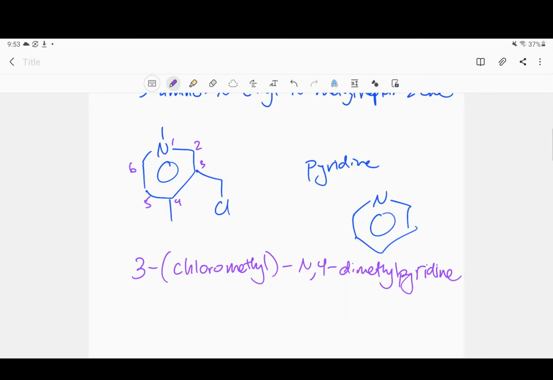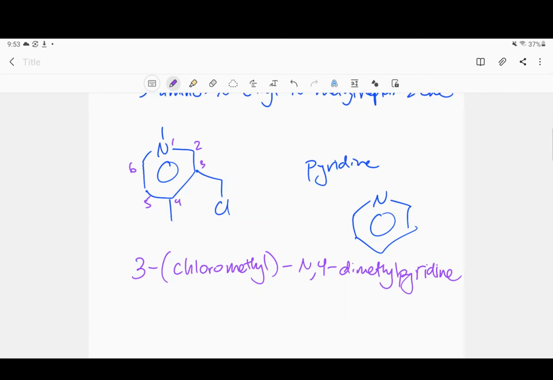Oh, I see what the problem is. It's mad at me because this is a quaternary thing. She's missing a positive charge. There are 4 bonds to that nitrogen. So that's the problem with this structure. That's why it's being mad at me.